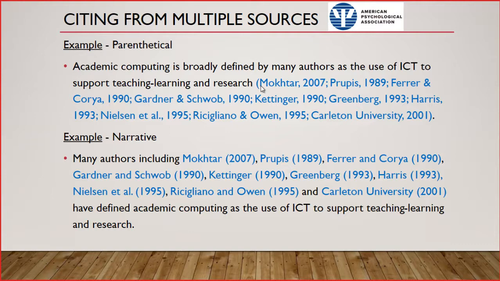At the end of the sentence that you refer from Mohtar 2007, before the full stop, you need to put the citation Mohtar 2007. You cannot just put it once and assume paragraphs 2, 3, 4 are covered. That's not sufficient. When there is a break, you need to put in the citation.